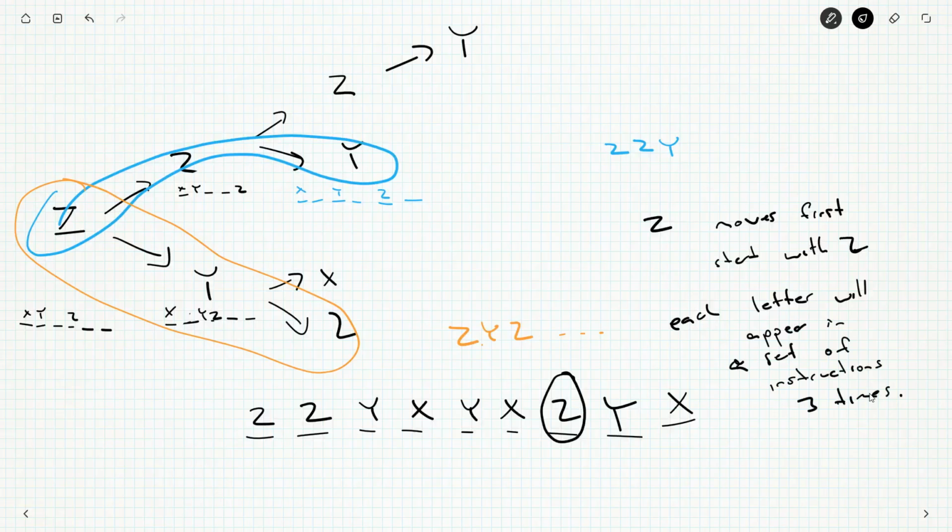So I'm really counting the set of valid instructions, and right now I'm trying to understand how these instructions are put together. So Z moves first, that's why we have to start with Z. And then you can't follow it up with an X because Y is in the way, because Y hasn't moved out of the way. And the only time you can move X is if Y has moved out of its way.